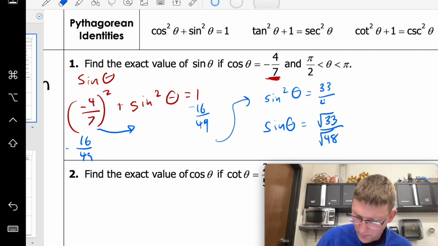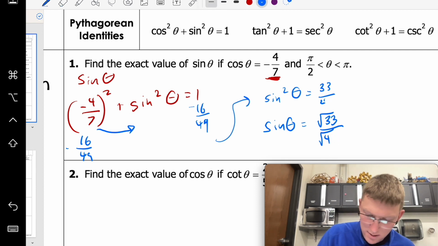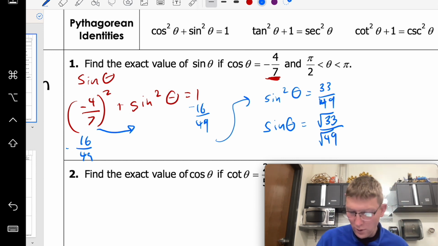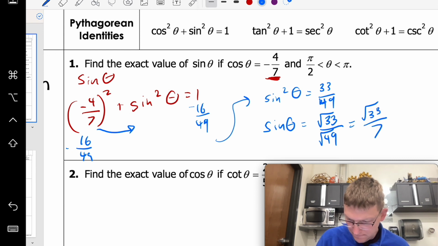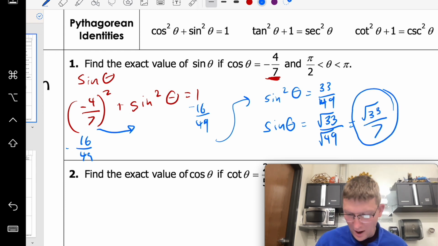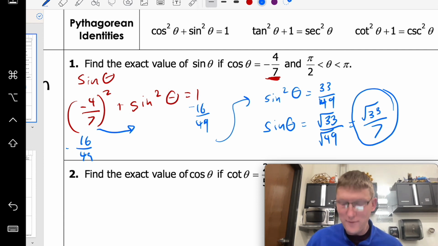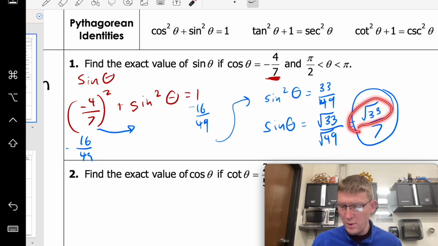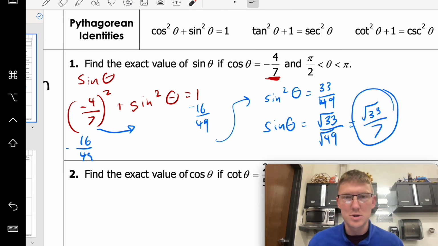Okay, so that shouldn't be 48, that should be 49. In which case, square root of 49 is 7. So sine of theta, the exact value is square root of 33 over 7. This is something that your calculator can't really do because your calculator doesn't do well with irrational numbers just yet. So that's what we're here for.